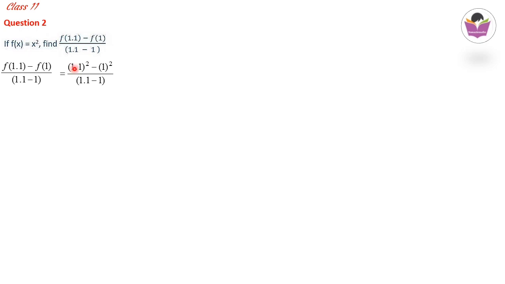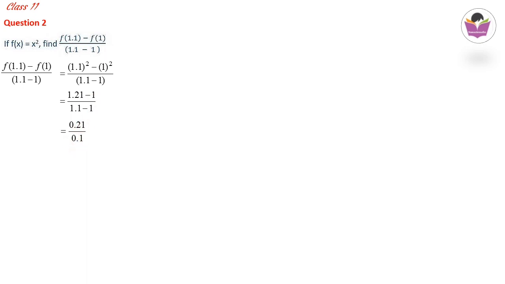That means 1.1 means after the decimal 2 places will be there, so 1.21 will be coming. 1 square is 1. Then the denominator is the same, 1.1 minus 1. Here 1.21 minus 1, simple calculation, 0.21 will be the balance, divided by 0.1.